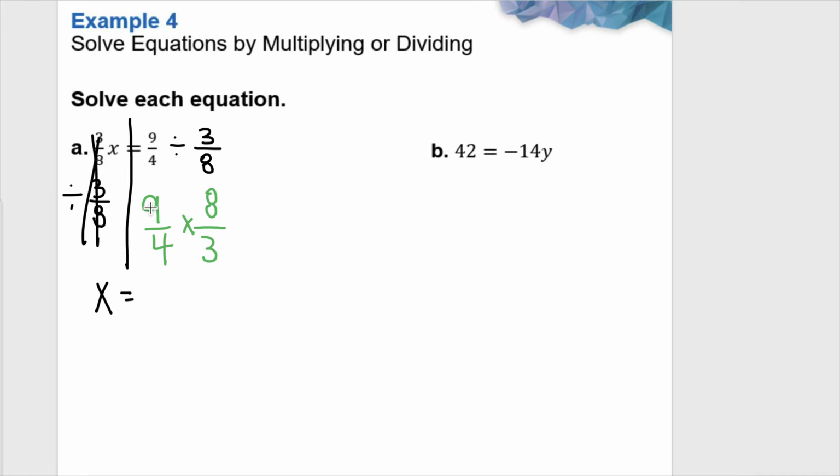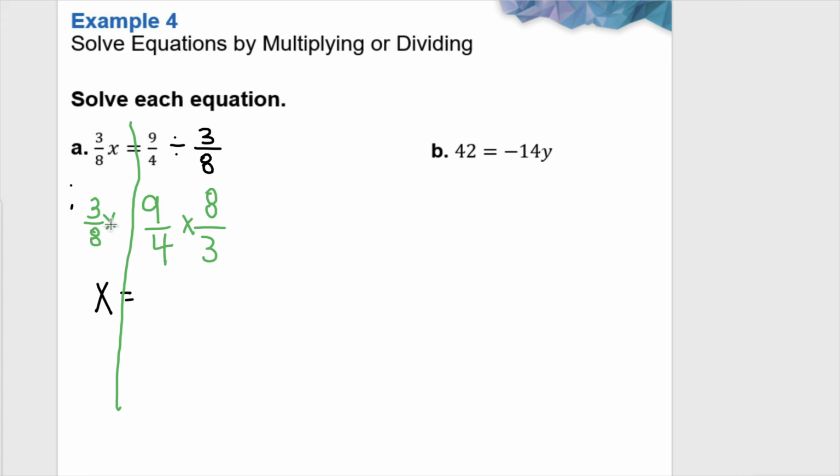Now, keeping that in mind, I'm going to come back here. And I want you to see what is happening between the 9/4 and the 3/8. We multiplied by 8/3. 8/3 is also the reciprocal of 3/8.